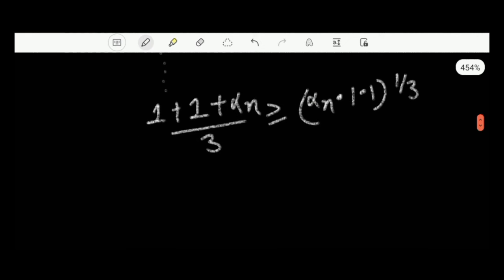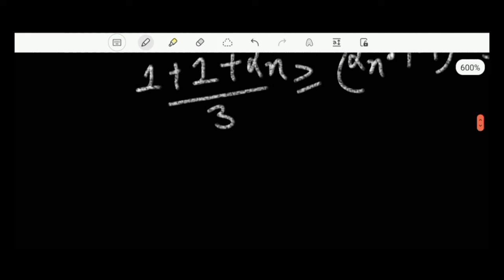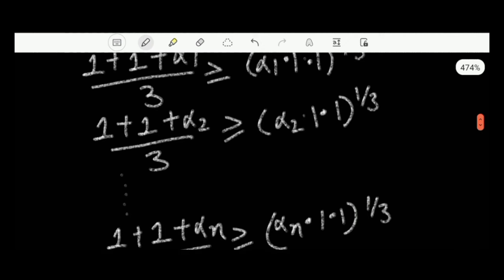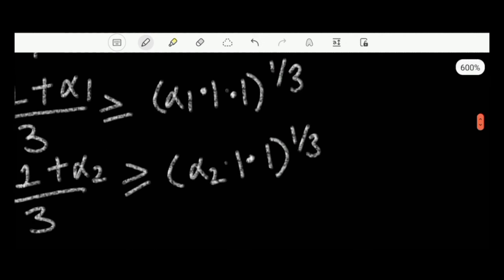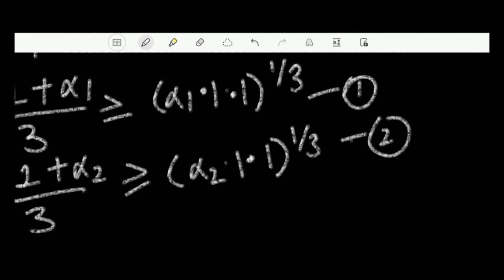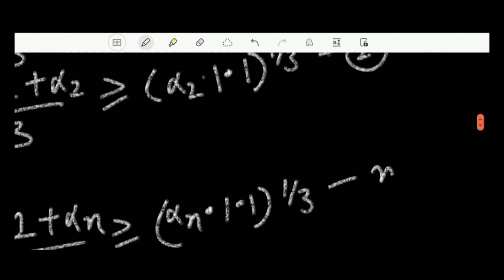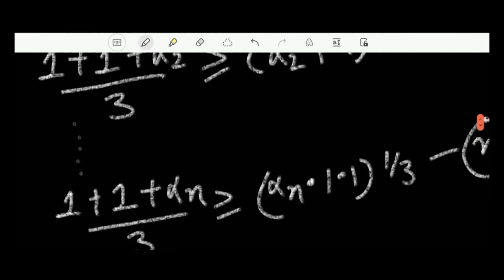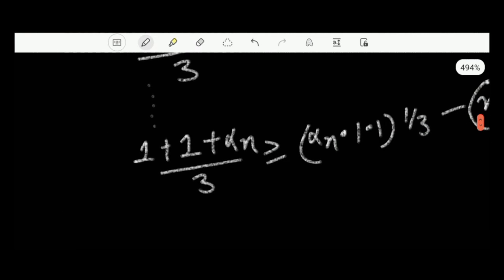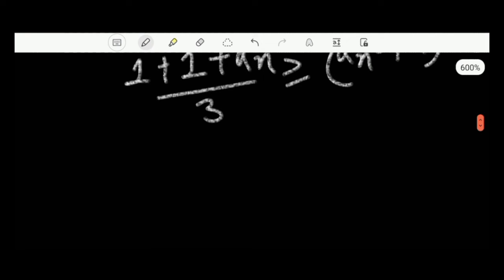And now we are almost done. We just have to do one thing: here we got n distinct inequalities, and we just have to multiply them.